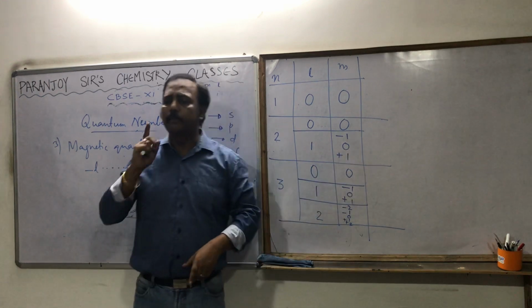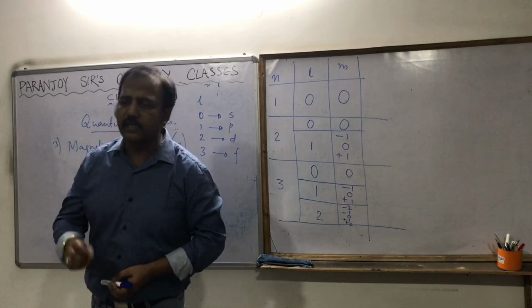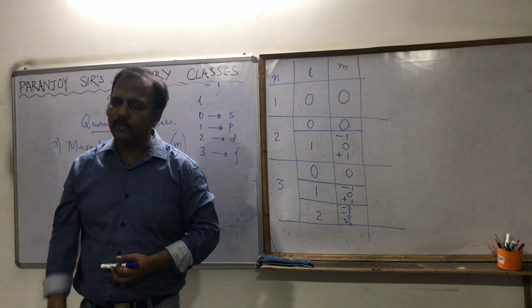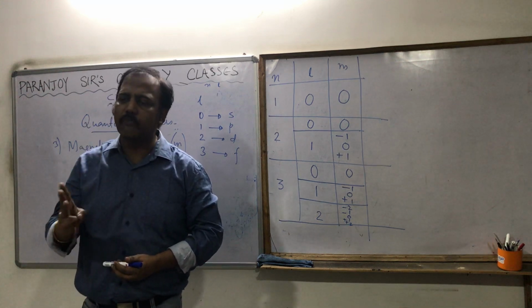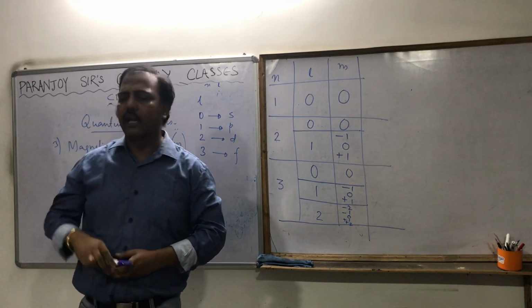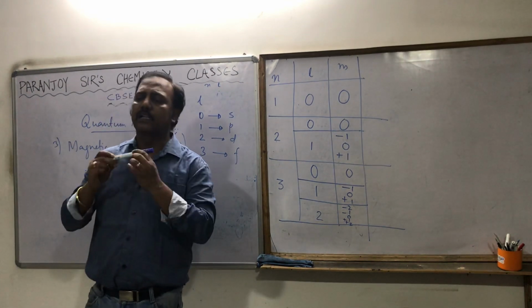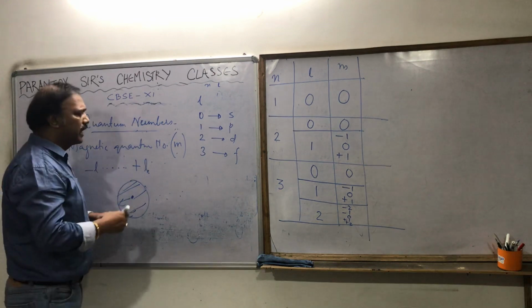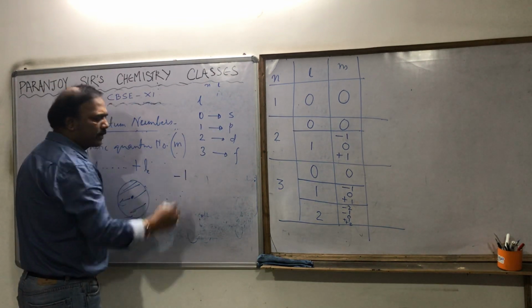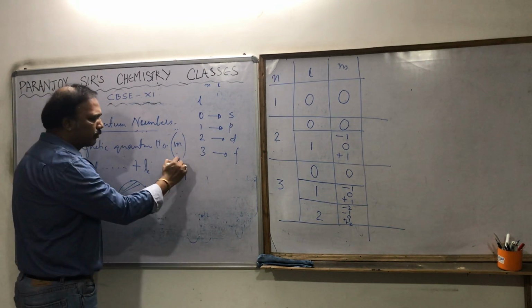That means p orbitals can be of 3 types, and they will vary from each other by the direction. One is directed by -1, m is equal to -1.